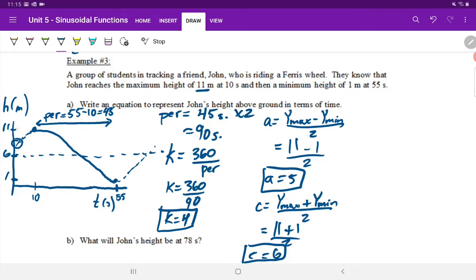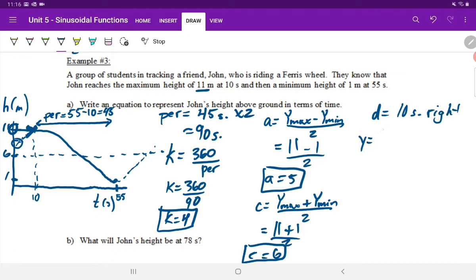What I know for sure is that if I use a cosine function starting at the maximum, the original base function of y equals cos x would have shifted 10 units to the right. So d is equal to 10 seconds right. In my equation, that's going to look like minus 10.